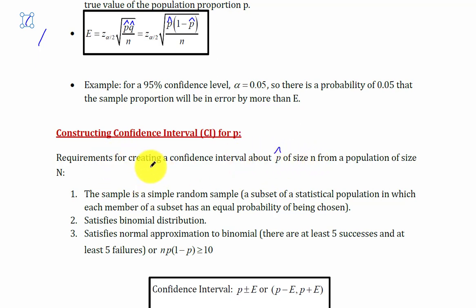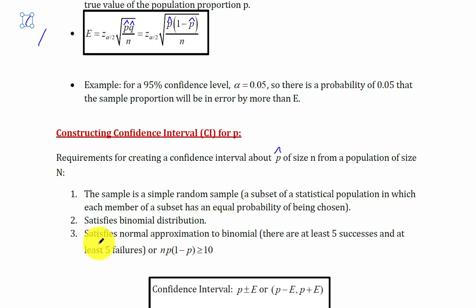Now, the first requirement is that the sample is a simple random sample. That means this is a subset of a statistical population in which each member of the subset has an equal probability of being chosen. It has to be random. Now, the second one is that it has to satisfy the binomial distribution, which is independent for all the trials, and you get either of 2 cases, success or failure.